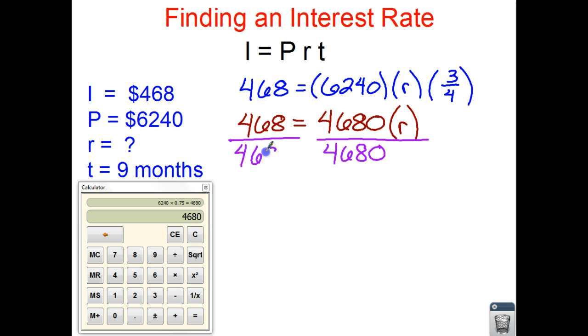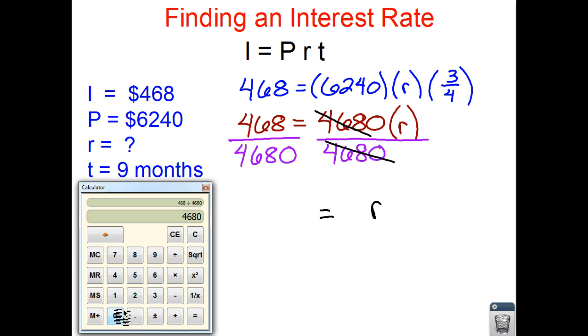Divide by 4,680. What does that do for us? These cancel, so my rate is going to be equal to whatever this quotient is on the left. And let's divide. So we have 468 divided by 4,680.